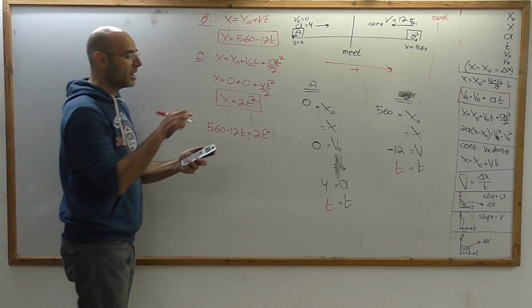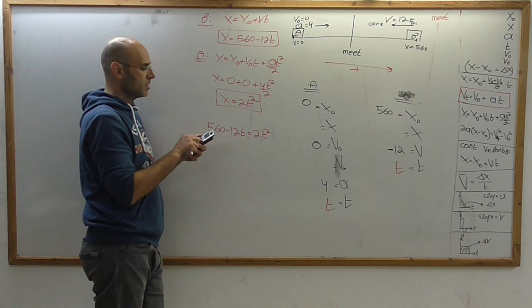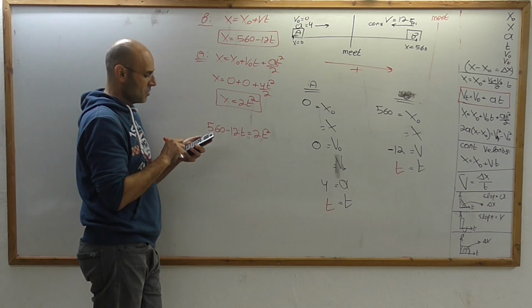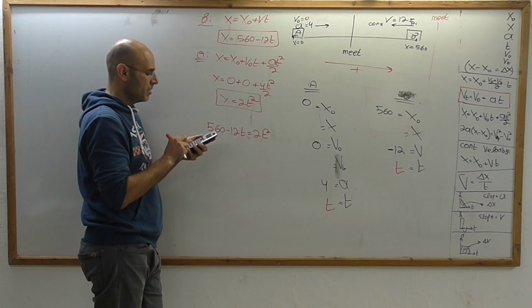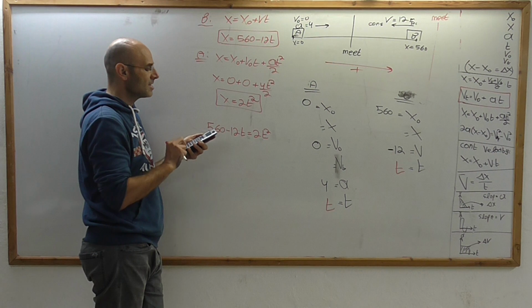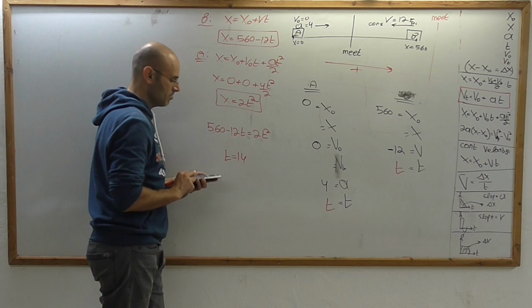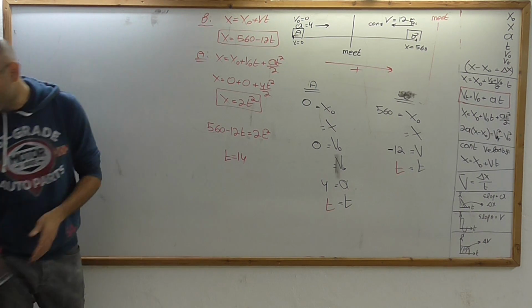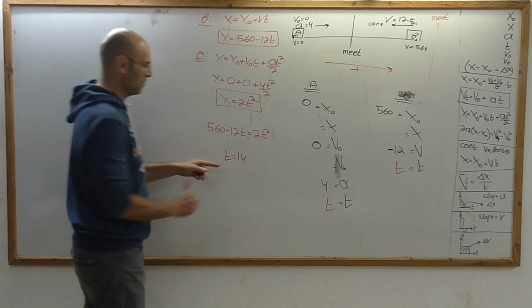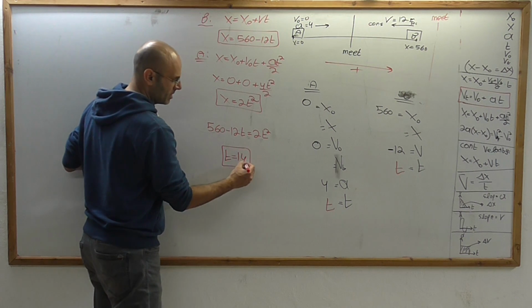In my calculator, I can solve this quadratic. T equals 14, and the other t is negative, so I don't care for it. So it's 14 seconds.